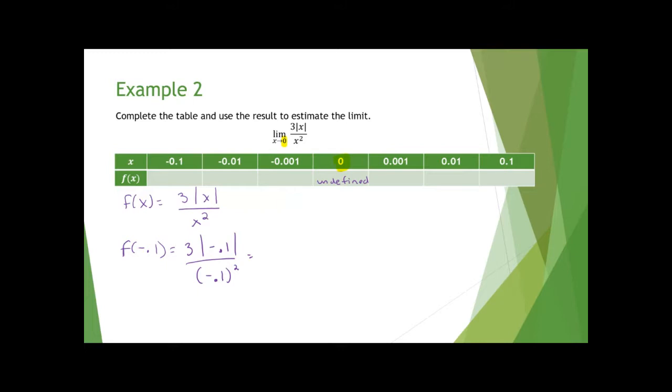I try to use my calculator to do it for me, but most calculators don't have an absolute value button. So this is one where you have to think about it. You have to do the first part and the second part separate. So absolute value of a negative is a positive. So I know I'm going to have a positive 0.1 on top, and then I'm going to divide by negative 0.1 squared. So that gives me 33.